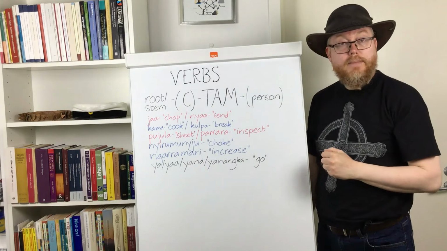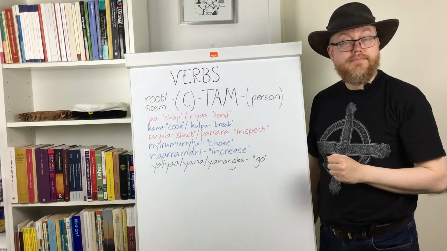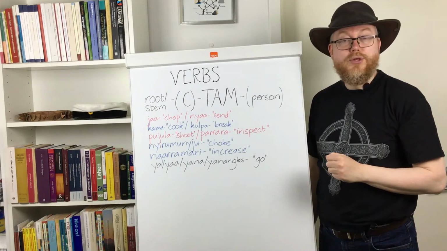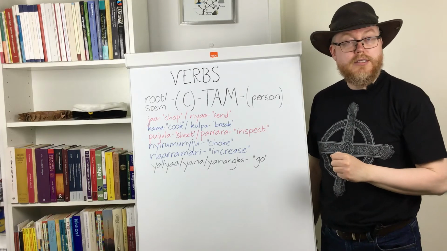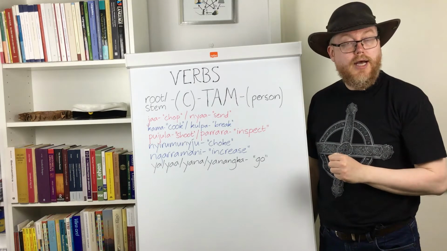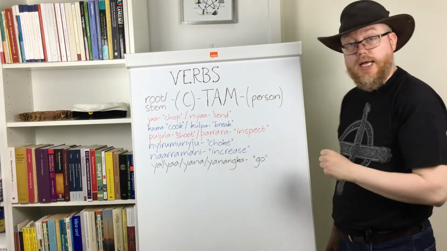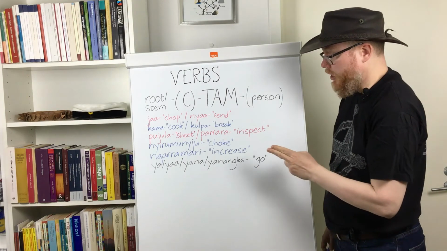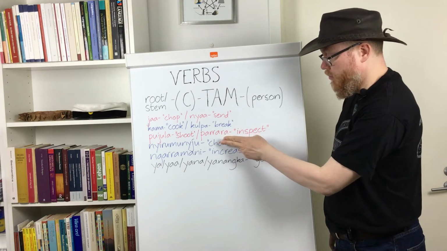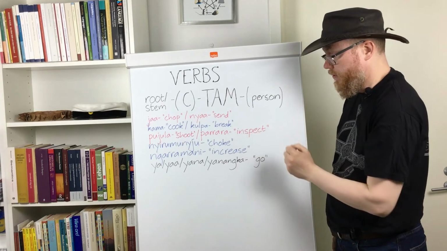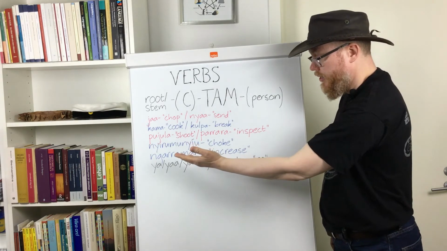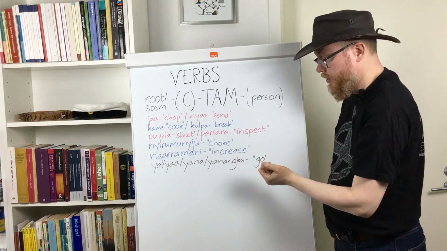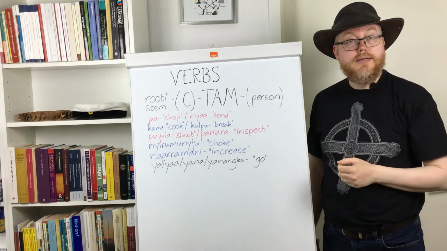And the 2 examples with 4 syllables. Would that be quadrasyllabic? I don't know, perhaps. Anyway, the examples are Niromonjo, choke, and Ngaramani, increase.